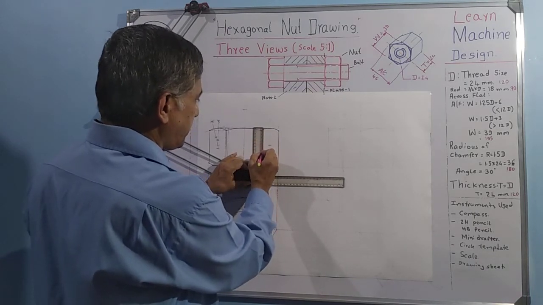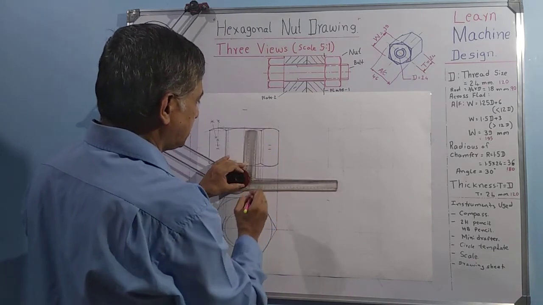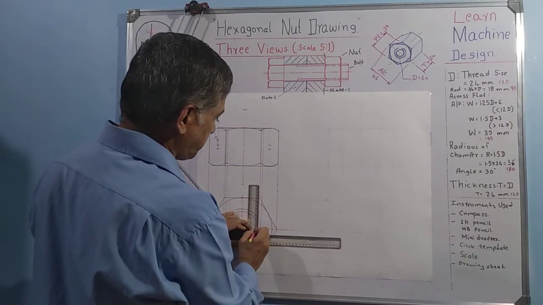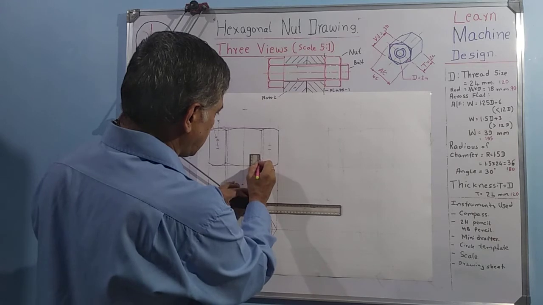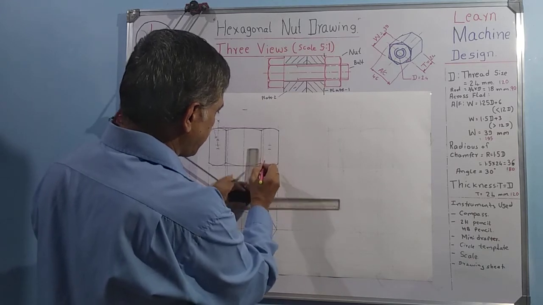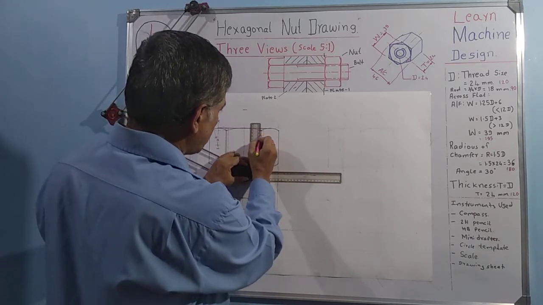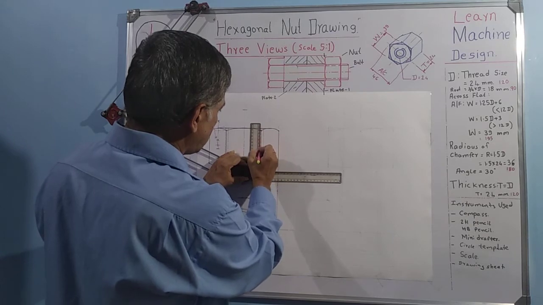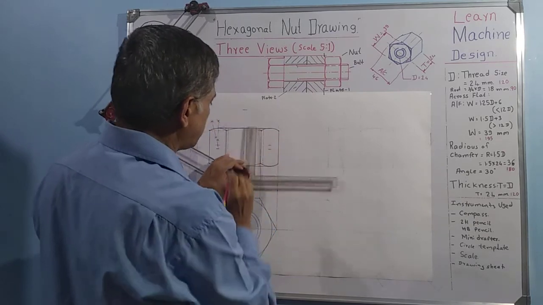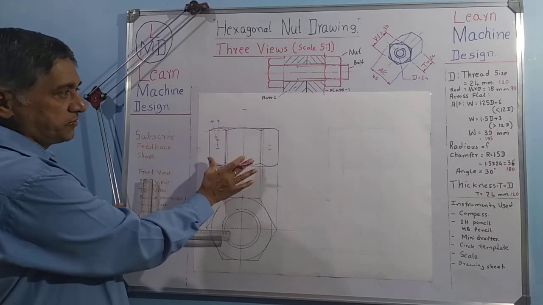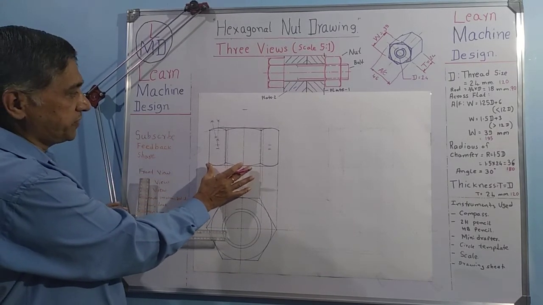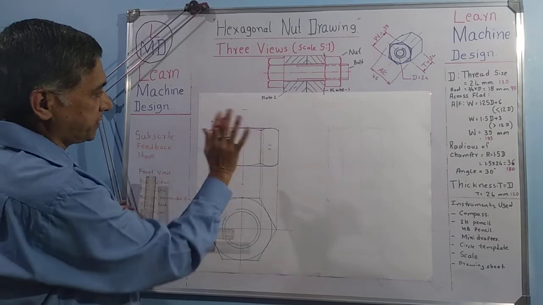Again it should be a dotted line here. Again it should be extended. Okay, one of the important views, the top view, is ready, and the front view is also ready. So all the lines are ready.